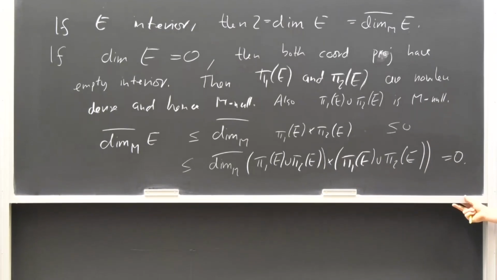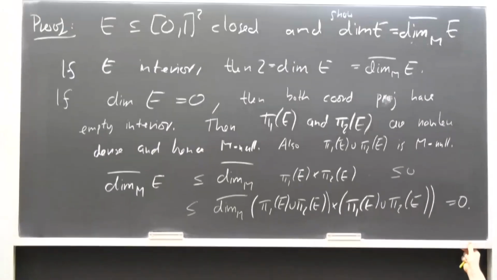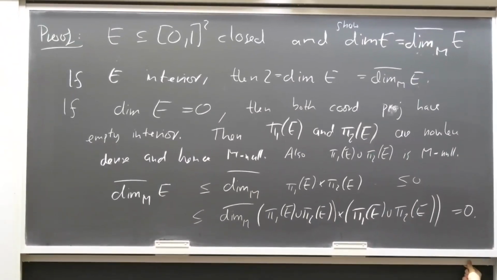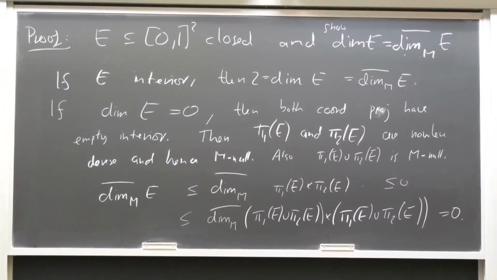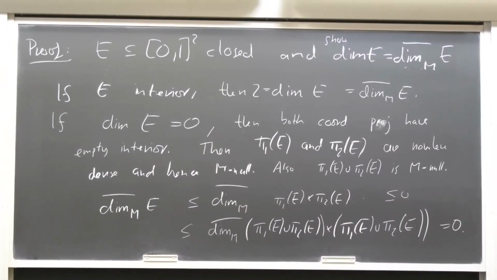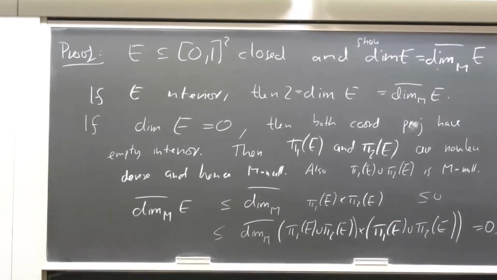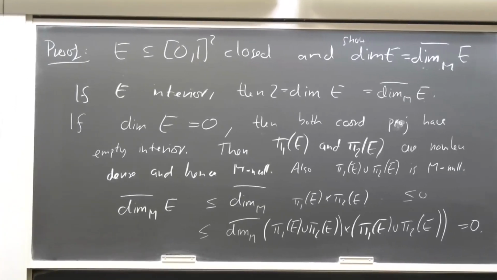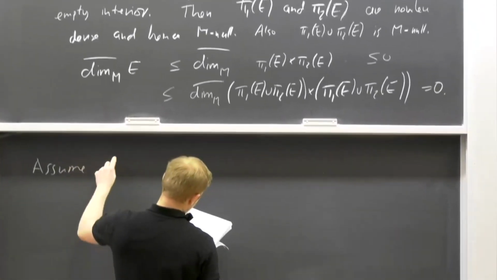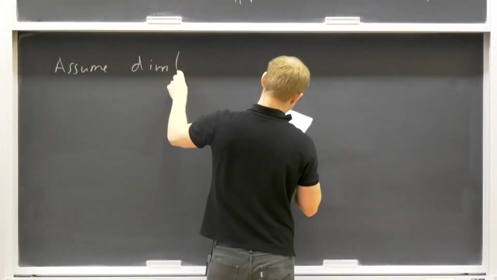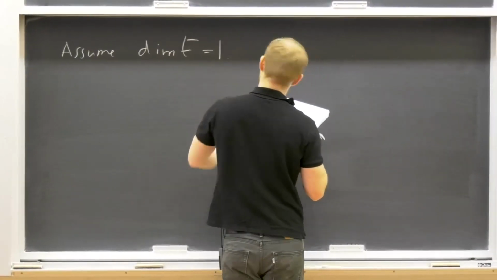So the only case we really have to take care of now, as I pointed out, let me move this up now, is the case that the dimension of E is equal to 1. Okay. And so now I really have to reduce to the case that the dimension of E is equal to 1.